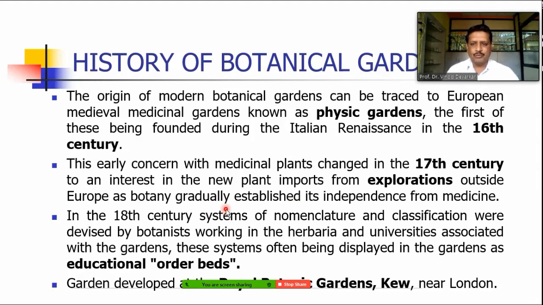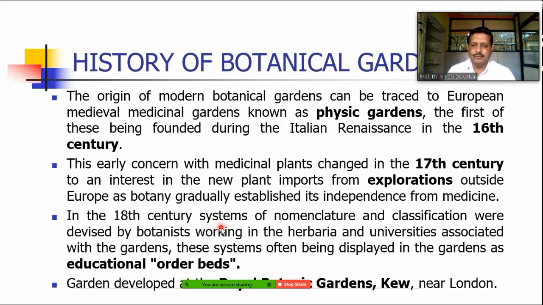In the 18th century, the nomenclature system was developed, and classification and nomenclature arose. Because of that, there was a need for herbaria, and university collaborations were more established in those days.